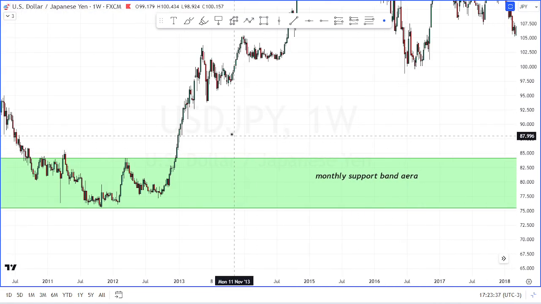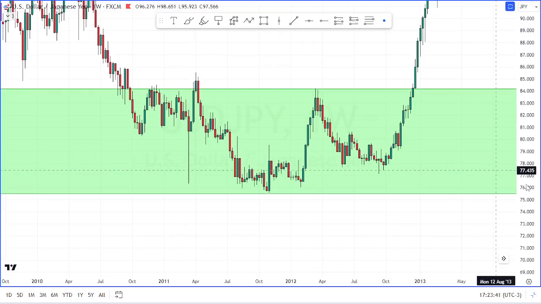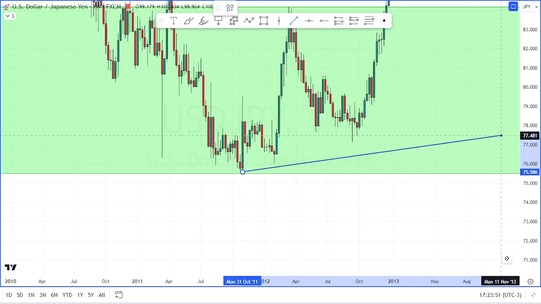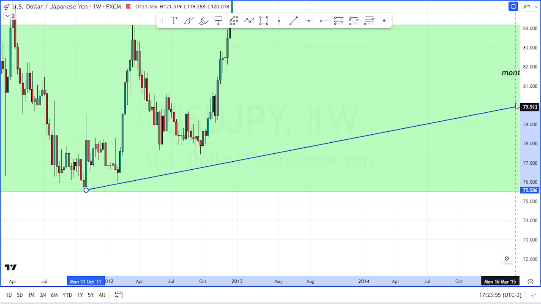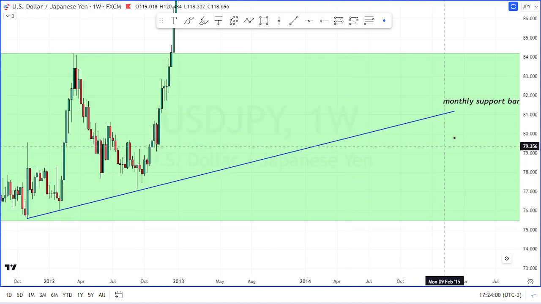We must always start the trend line from the lowest point. So this is the weekly time frame now. I'm going to start from here because back in time this was where the market started from, the monthly support band area, on the weekly time frame.